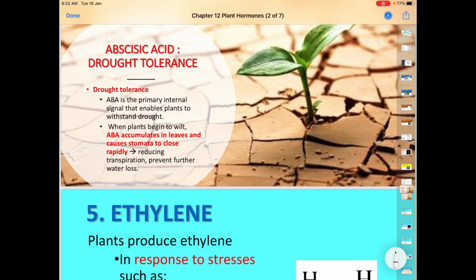Okay, so this is another condition of abscisic acid, drought tolerance. Abscisic acid is the primary internal signal that enables the plant to withstand the drought.